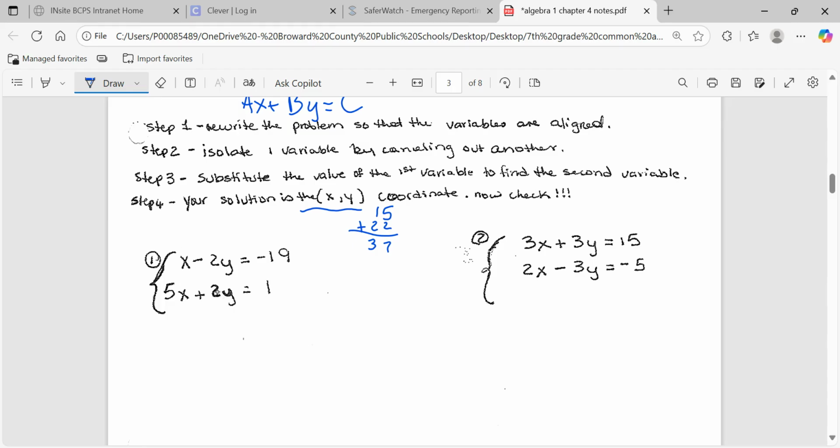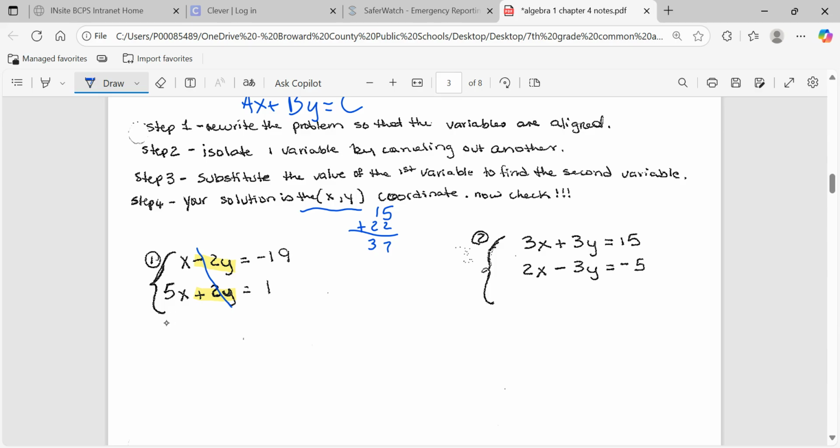When I line it up, do you see this negative 2y and positive 2y? Well, we know that a negative and a positive are going to cancel each other out. Negative 2 plus 2 is going to give us 0. So then I can cancel that out.